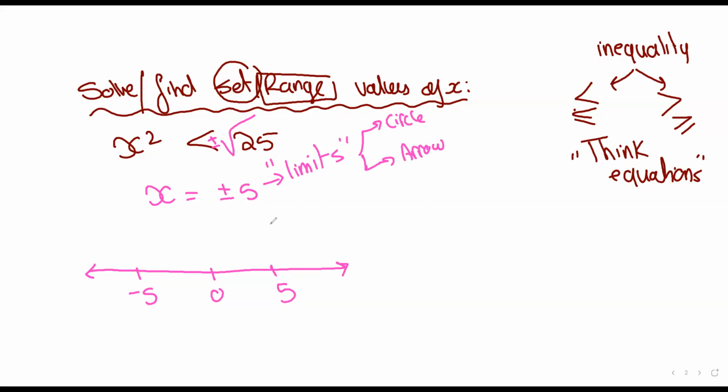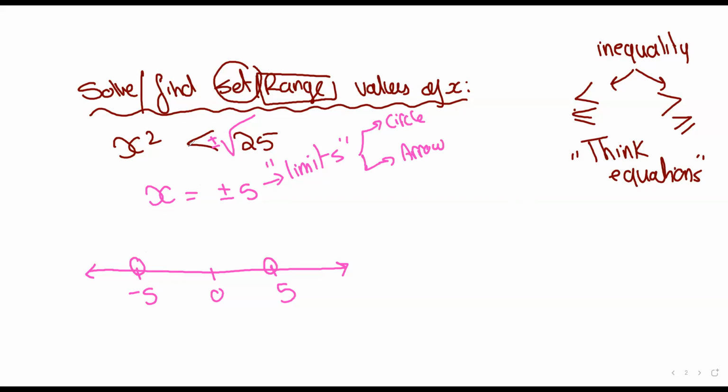Okay, now let's start with the circles. Since there is no equal sign in my inequality, the circles over here would be not shaded. Please listen to this sentence carefully.